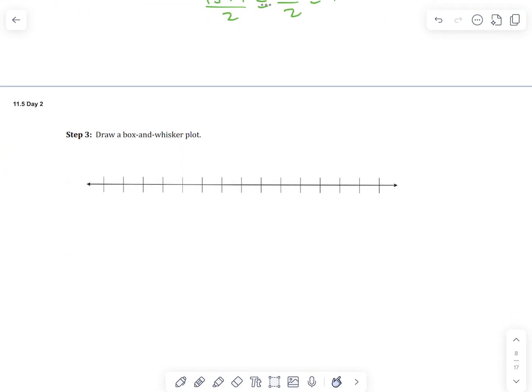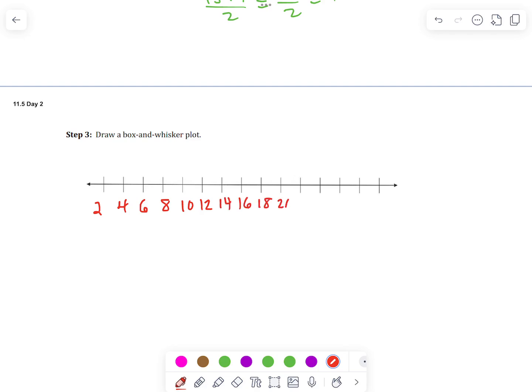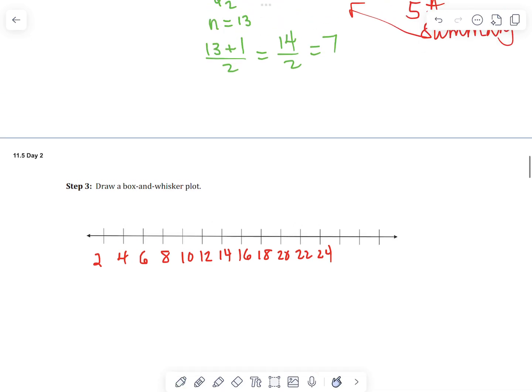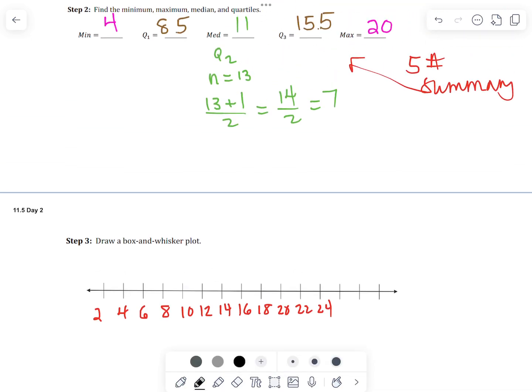Now we're going to go ahead and create our box and whisker plot. So I'm going to identify each value on my number line as 2 units. Okay. Now we start with our numbers. Our minimum was 4 and our maximum was 20.